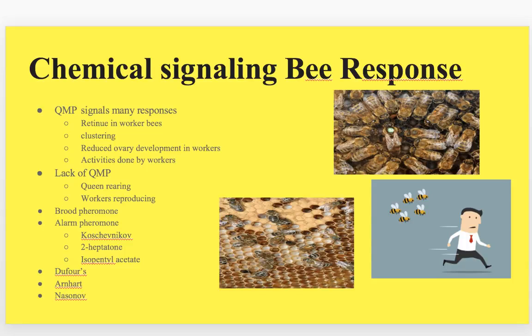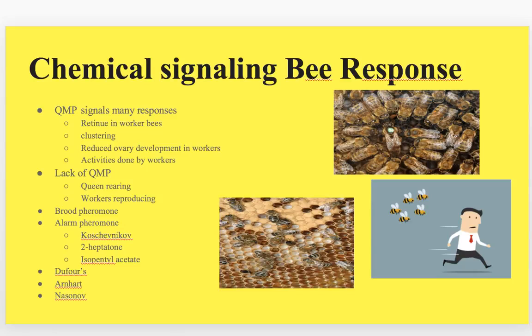Alarm pheromone: the Koschevnikov and the sting gland are responsible for the production of isopentyl acetate, which is the chemical that is released when a bee stings another organism that is not a honeybee. 2-heptanone is an alarm pheromone released by the worker bee's mandibular gland.